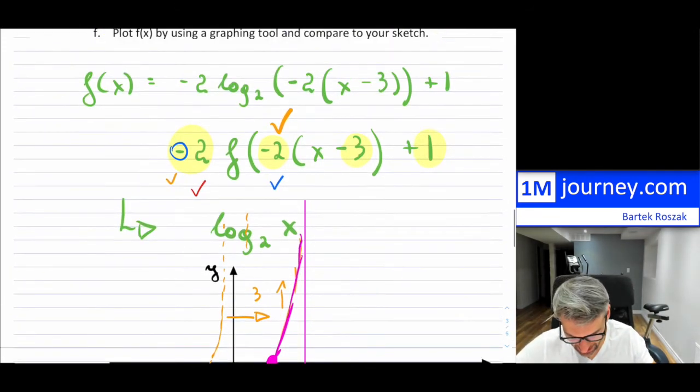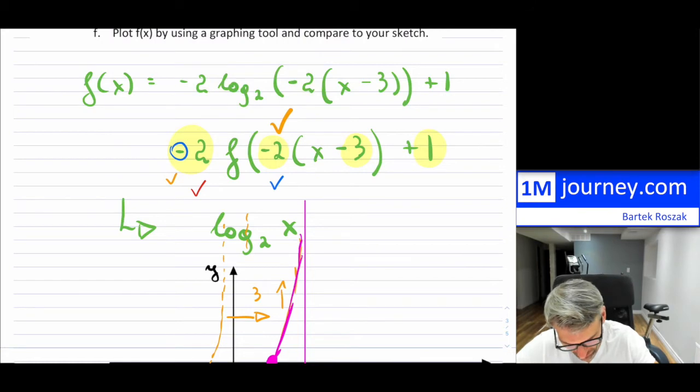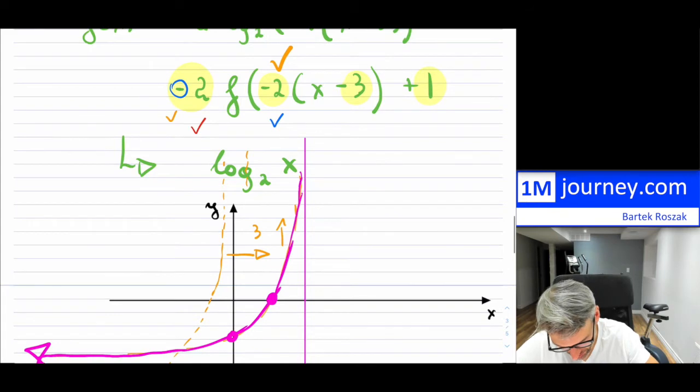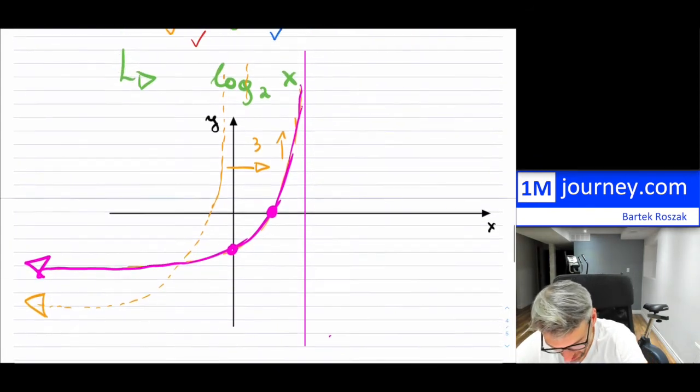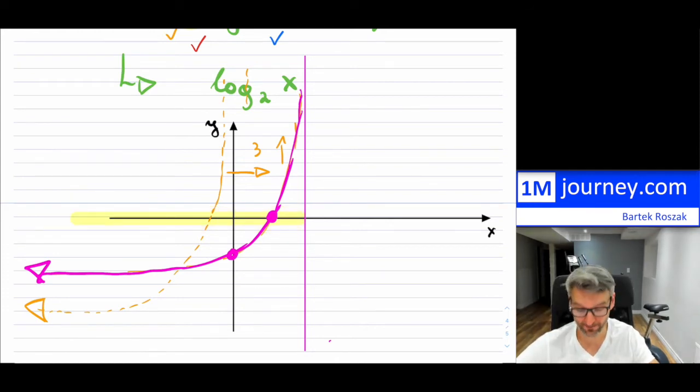So to find the domain, I guess it translates it over by 3. So our domain is going to be all of these values, so it's going to be less than 3.